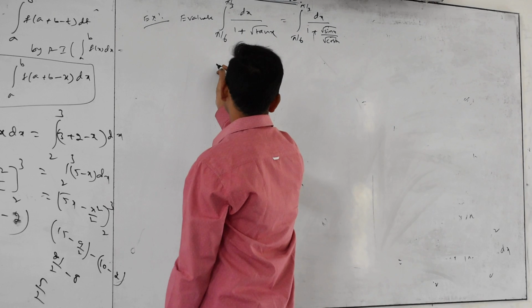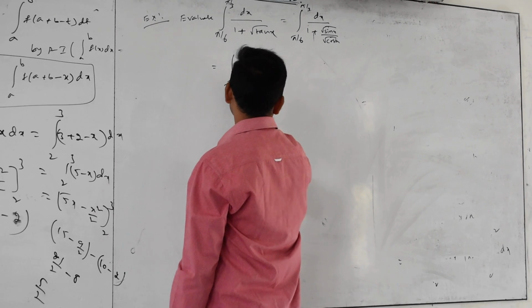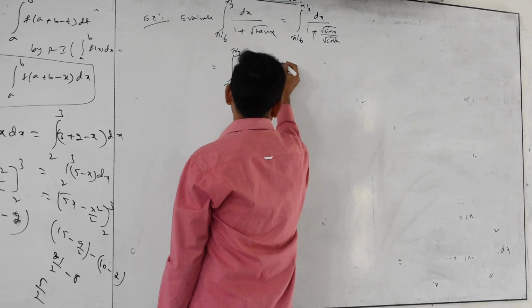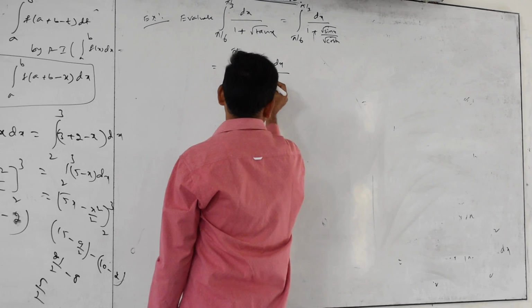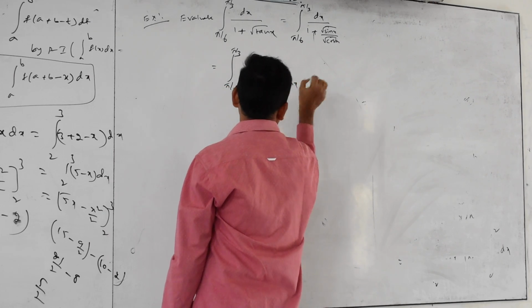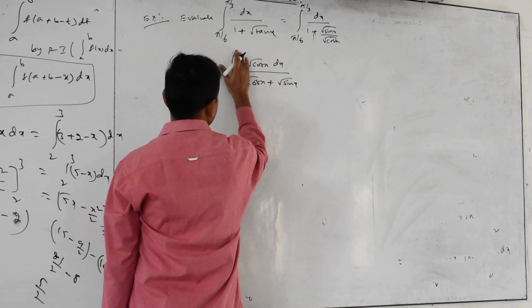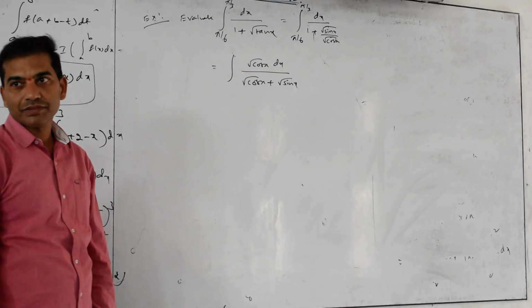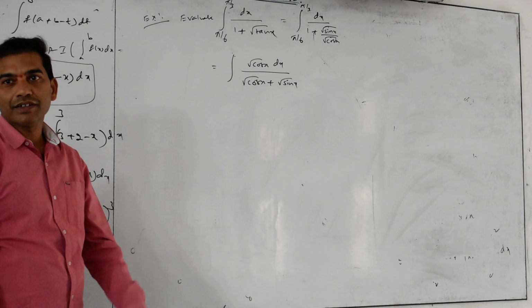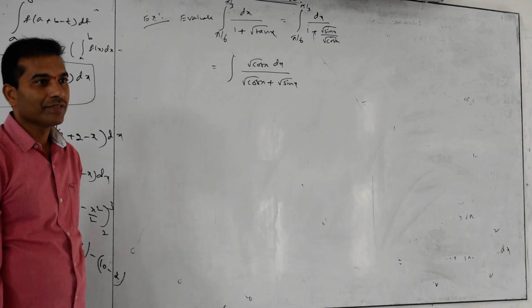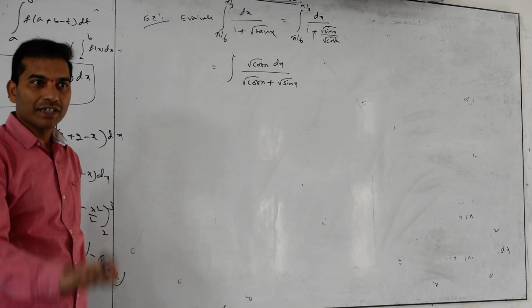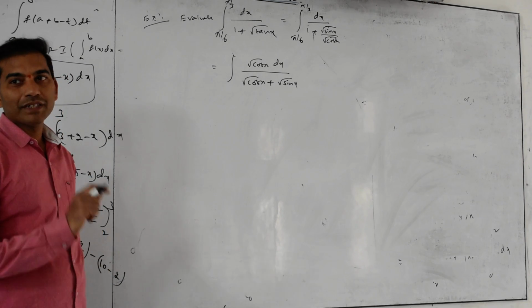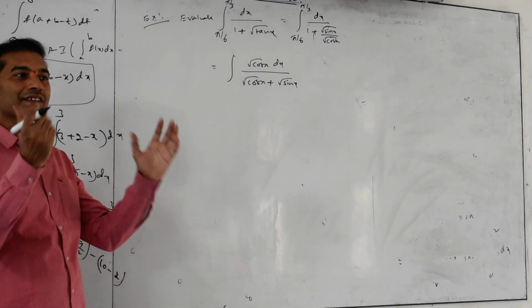So we will get, which is equal to integration of pi by 6 to pi by 3, root cos x dx by root cos x plus root sin x. If limits are not there, this can never be found by using the indefinite concept. We can't find it. Okay? The integration does not exist. Okay? But by using limits, we can find the area.